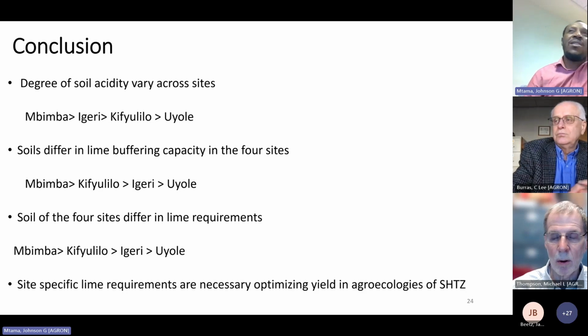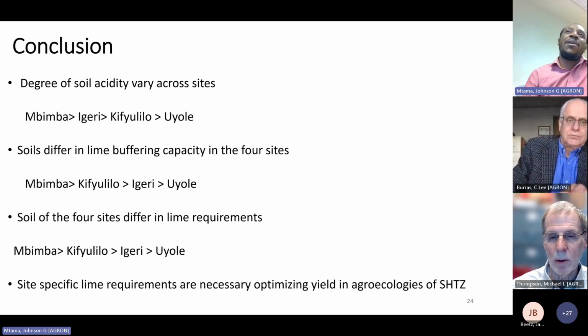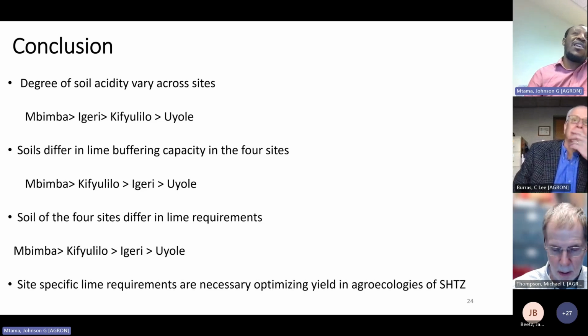And once we overshoot the pH, we are likely to fall into problems of availability of other essential nutrients, such as micronutrients like zinc, copper, etc. And again, according to Justus Liebig, the yield productivity of a soil in an agroecological system is a function of all essential nutrients.